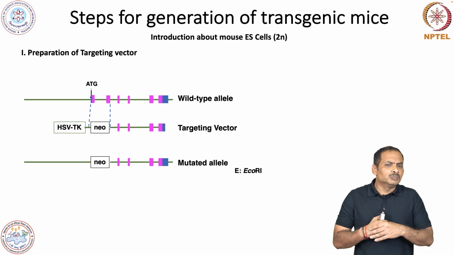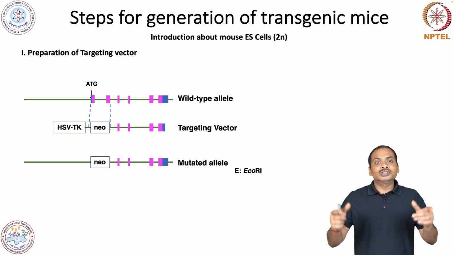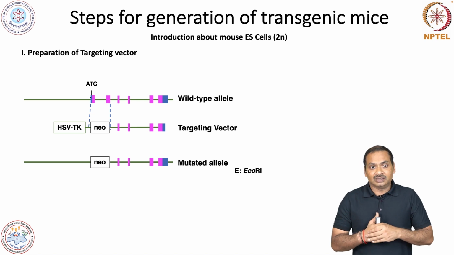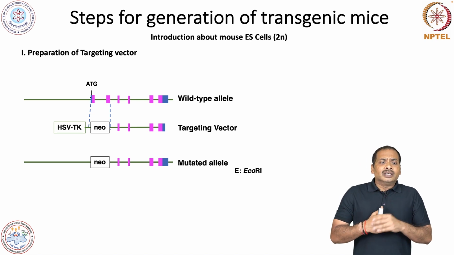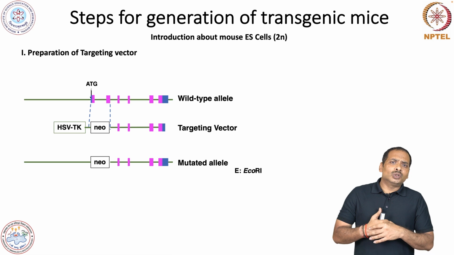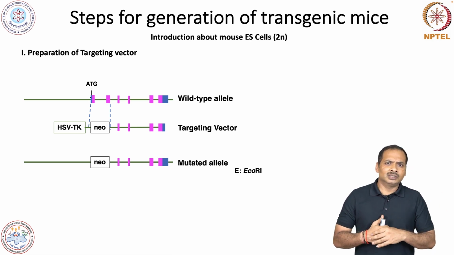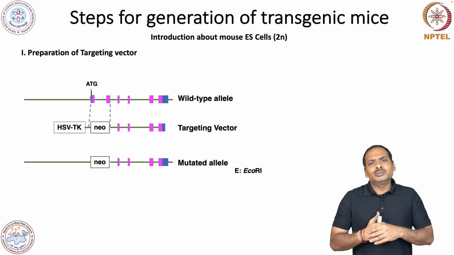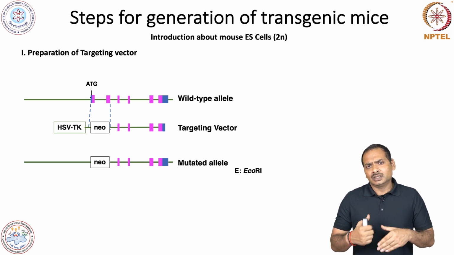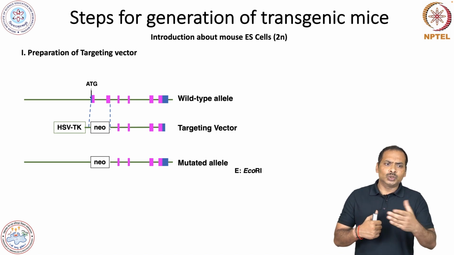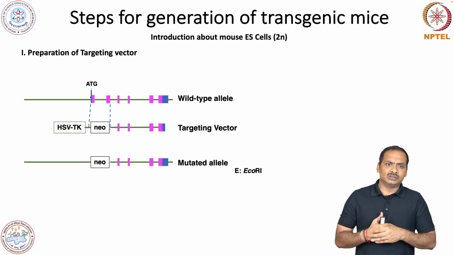In simple words, you need to clone such a big piece of DNA in the targeting vector. You also need to clone a small portion upstream to the NEO gene, and that will basically help in recombination. I am going to explain how NEO works and how HSV-TK works.